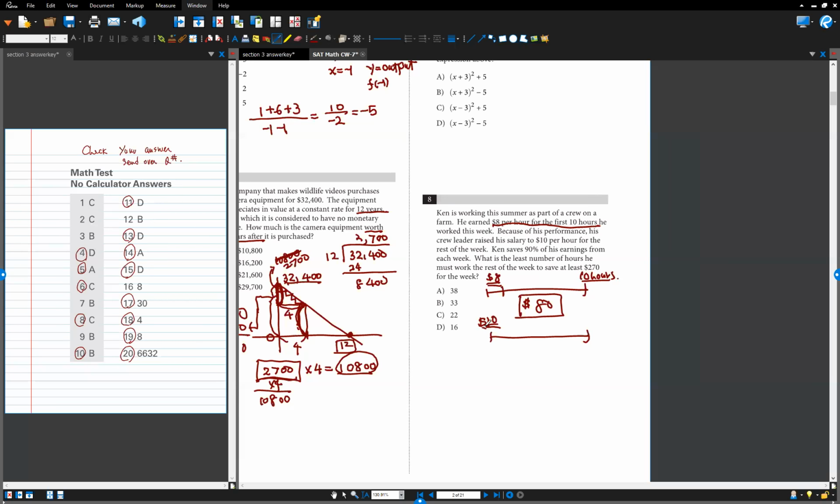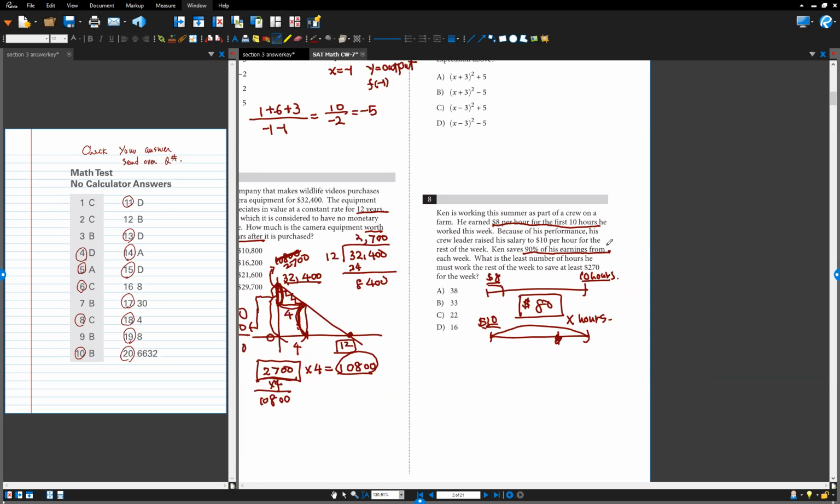All right, this is more complicated. Ken saves 90% of his earnings from each week. What is the least number of hours he must work the rest of the week? I'm going to use x hours, x additional hours. Now I think we need algebra, because we don't know the 90% amount.